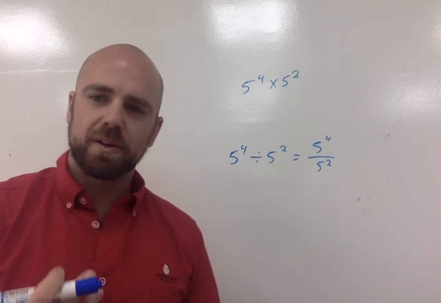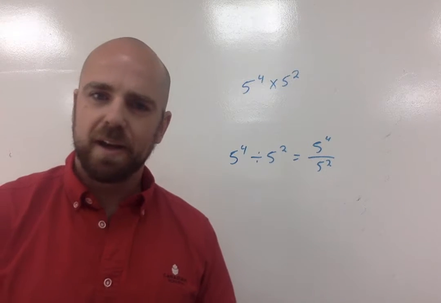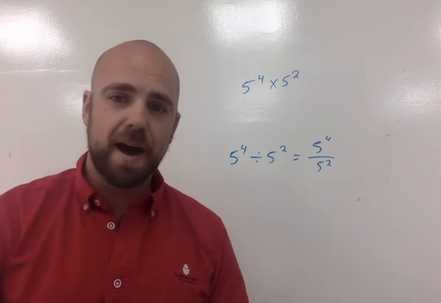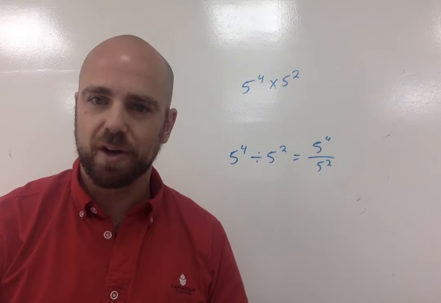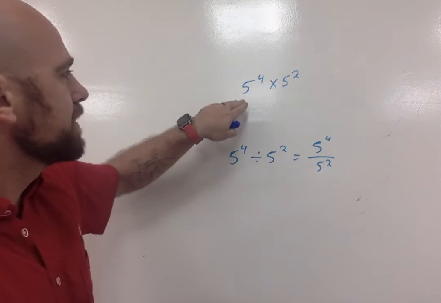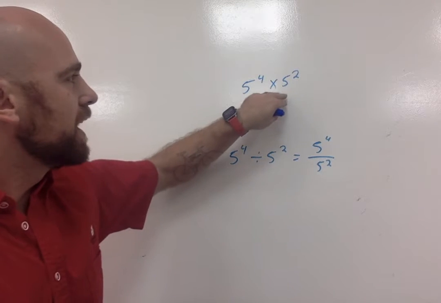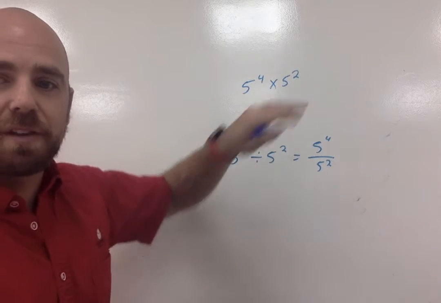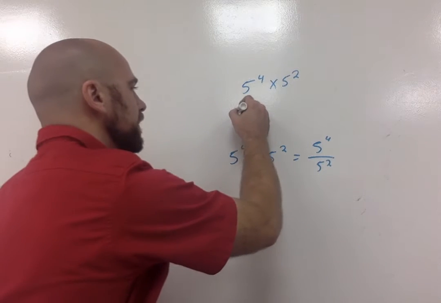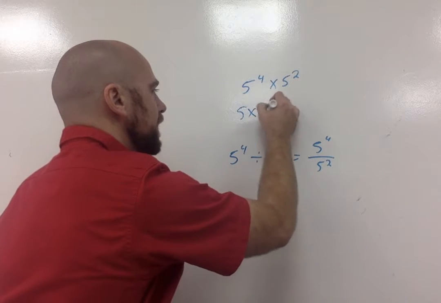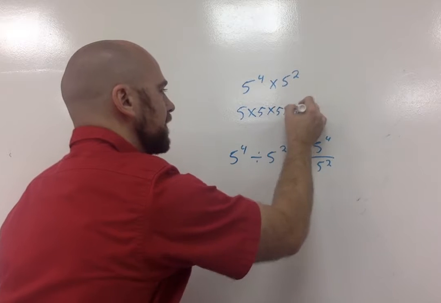One thing that we want to talk about is when we're multiplying numbers together, it doesn't really matter what order we multiply the things in, because we're going to get the same answer regardless. So if we have something like 5 to the power of 4 times 5 to the power of 2, what does it look like when we break it down? Well, we're eventually going to have 5 times 5 times 5 times 5.